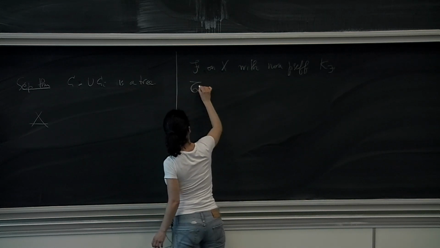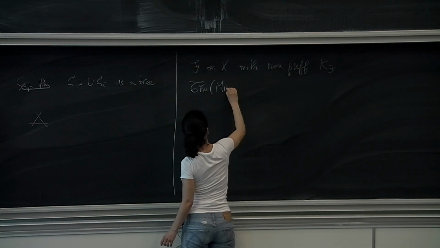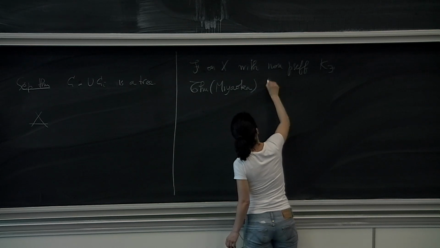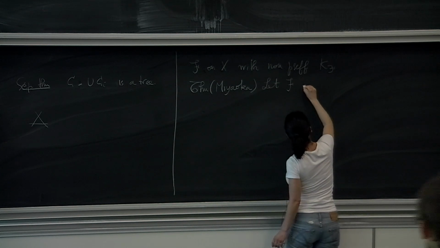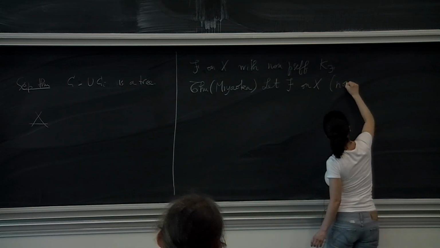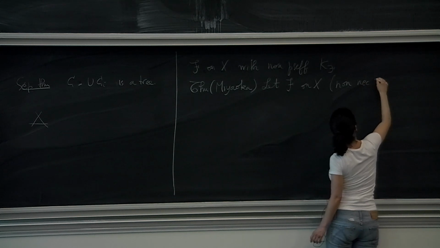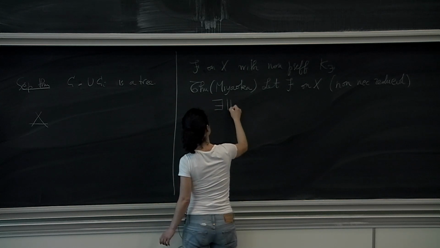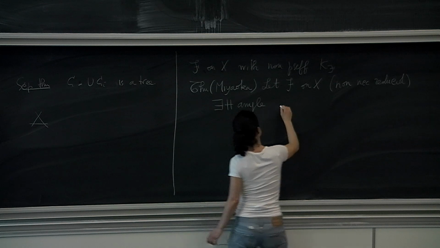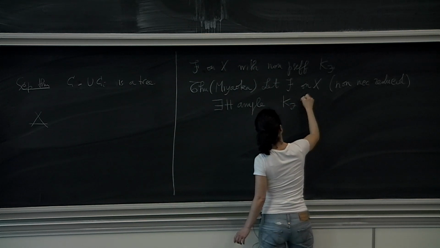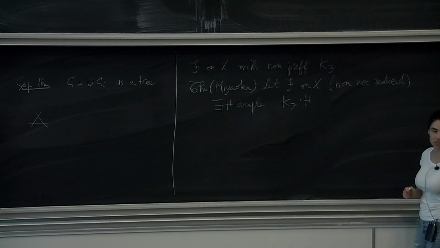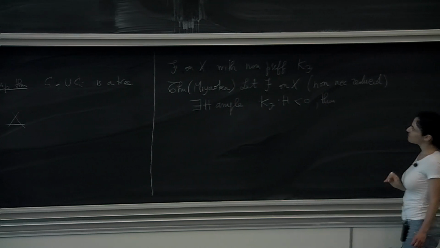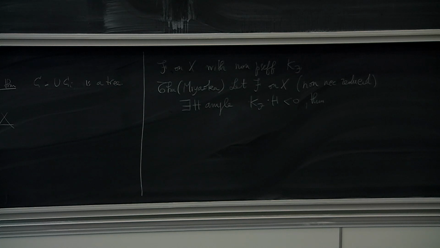There is a theorem by Miyaoka, and the theorem states that if we take F on X, here not necessarily reduced, and there exists an ample divisor with intersection product with the canonical of F negative, then the leaves of F are rational curves.